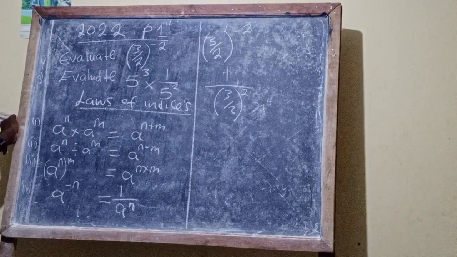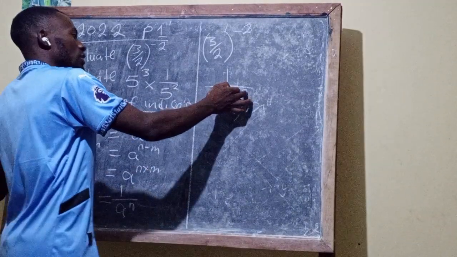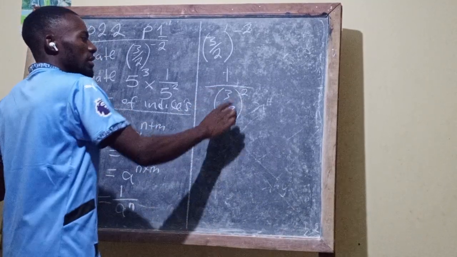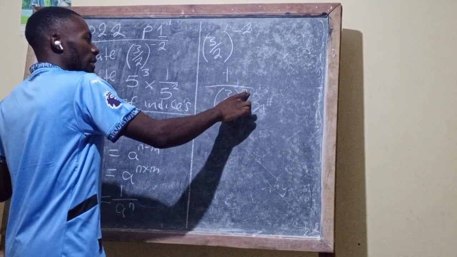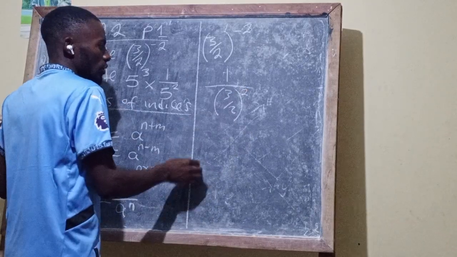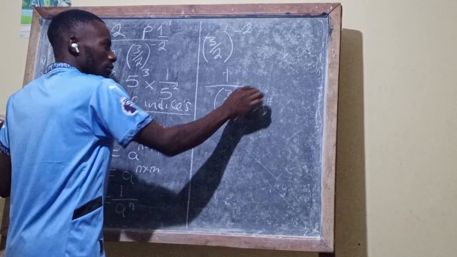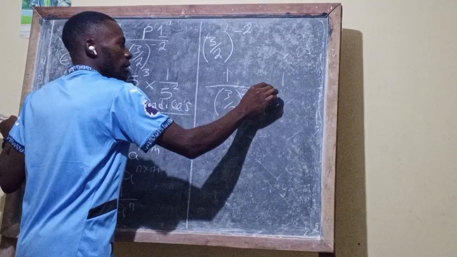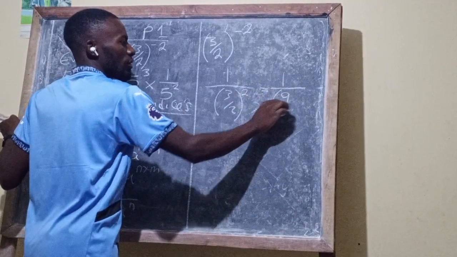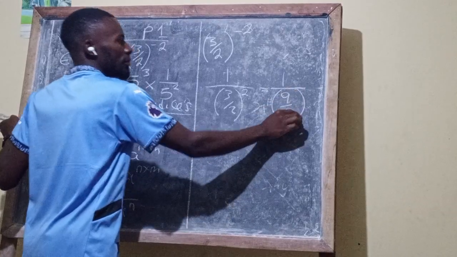So what are we going to do? This 2 simply means it is going to be distributed to all these numbers. So this 3 to the power 2 will be 9, 2 to the power 2 will be 4. So I'm going to have 1 over 9 over 4.